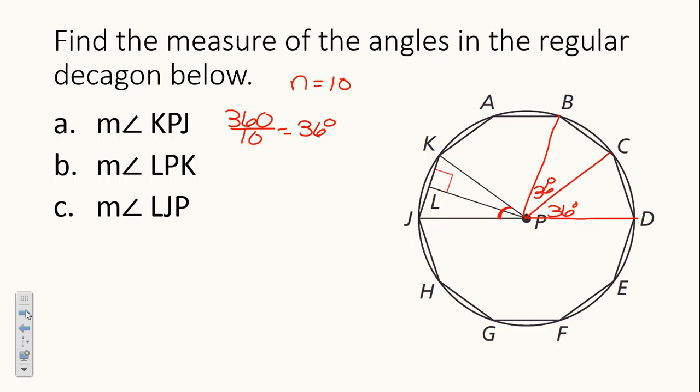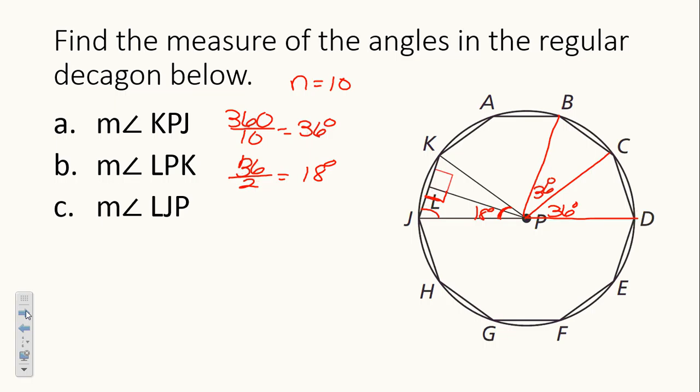LPK will be 18. Why is LPK 18? Half. We've dropped an apothem in there. It bisects the angle. So 36 divided by 2 is 18. And then how do we find angle JLP, the base angle of that right triangle? The triangle has a right angle, right? So 90 from 180 is 90 left for those two.